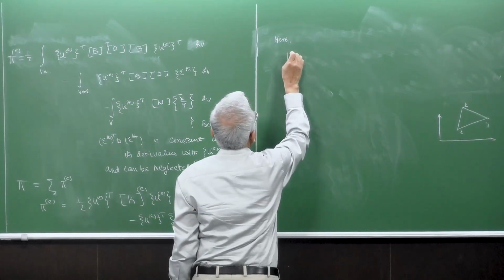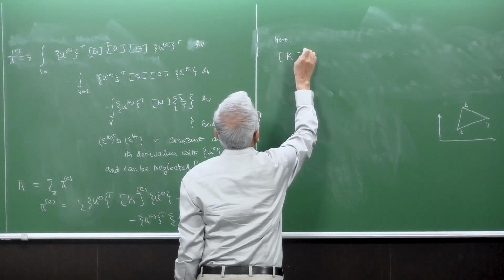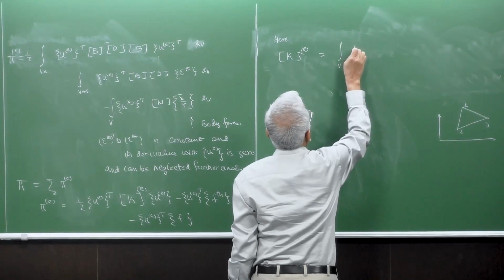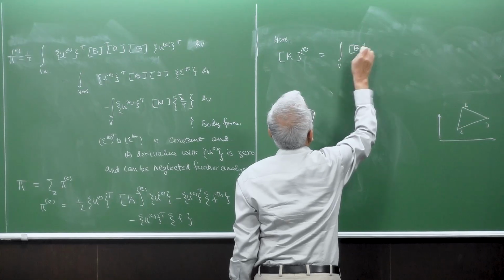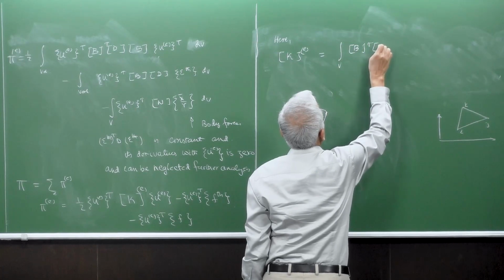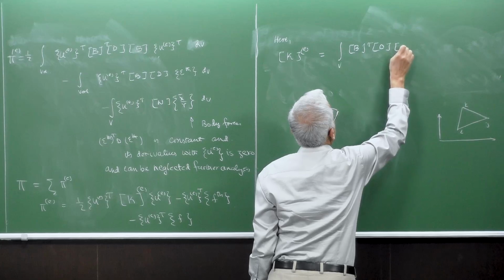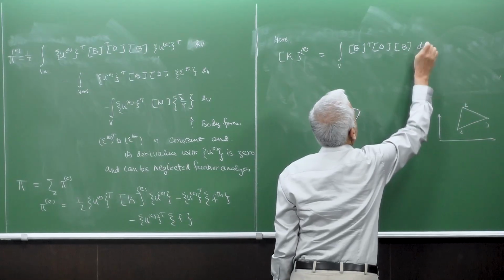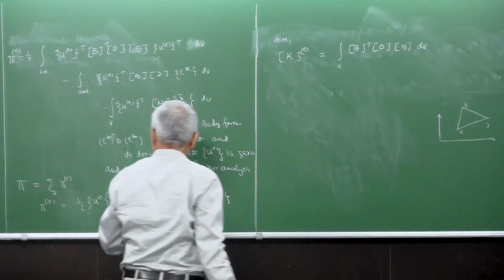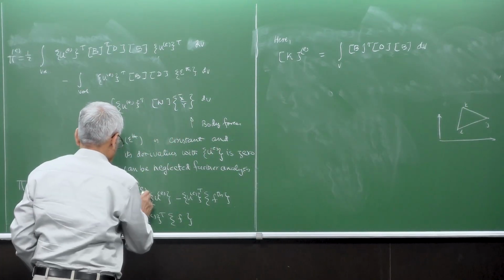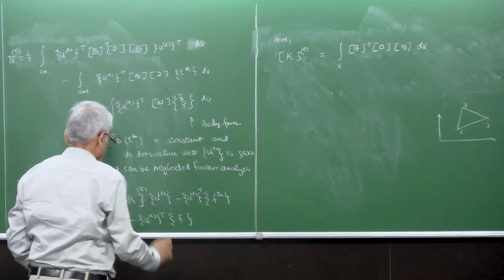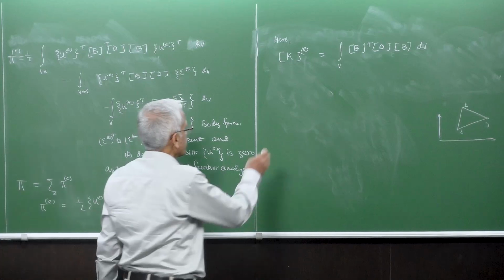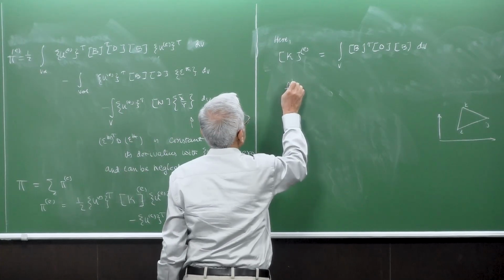Here K of the element is nothing but the integral of B transpose D B, and now apart from that there is something known as F thermal.